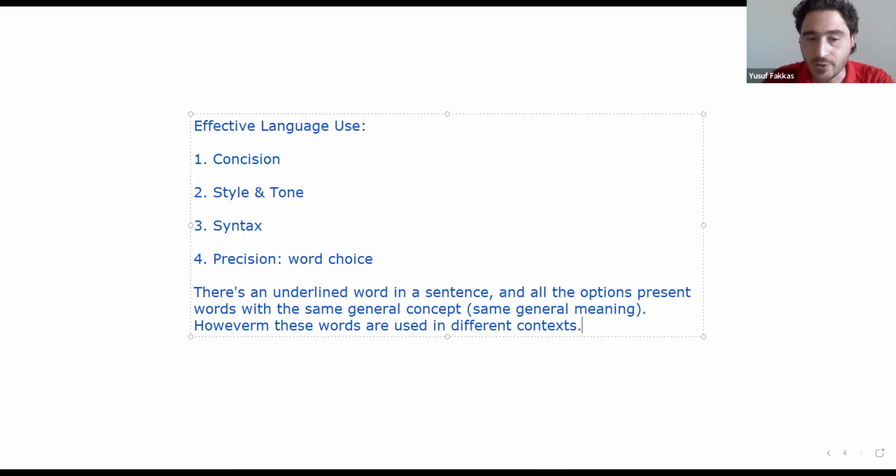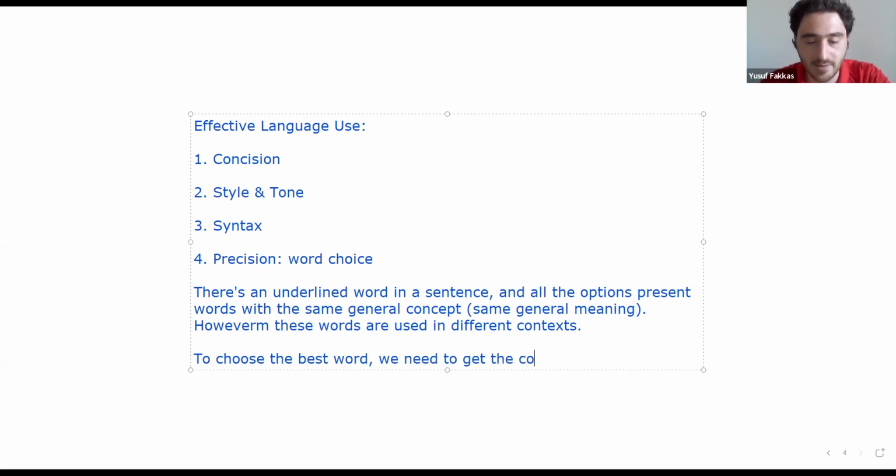So what I need to do to choose the best word is to get the context.